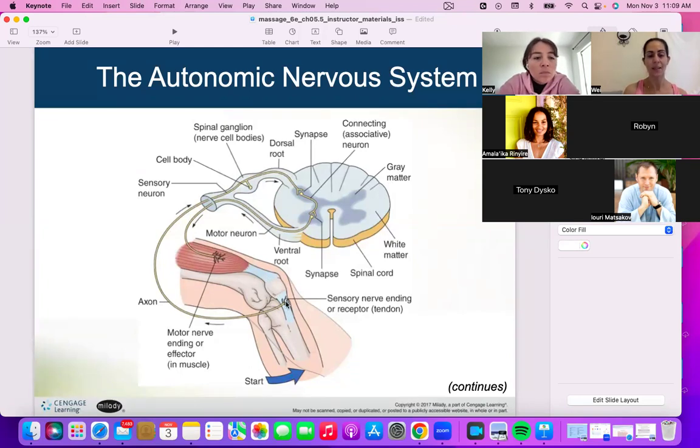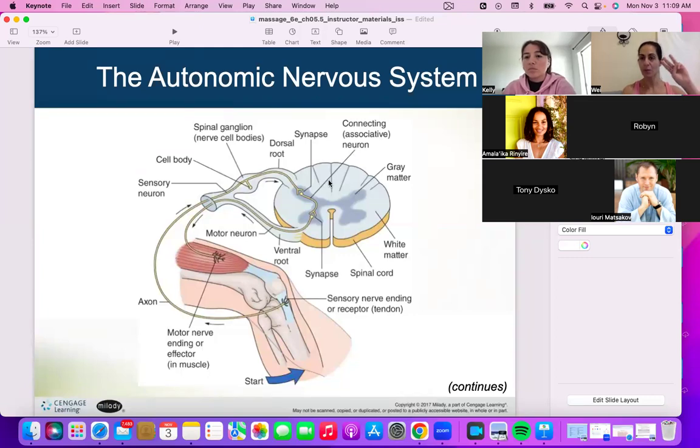So as the sensation comes in, it travels through the axon as a sensory neuron enters the cell body, and it sends it to the dorsal root of the spinal cord. A synapse is when an end or a terminal of one nerve comes in contact with another nerve. And that's what we call the connective, associated nerve, or the interneuron.